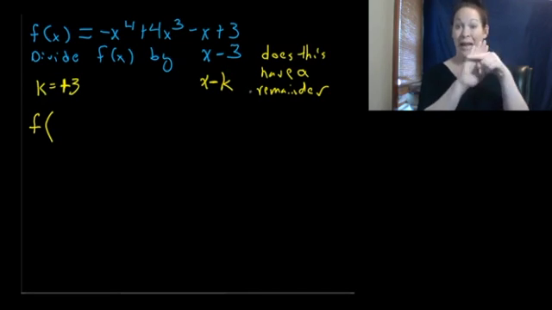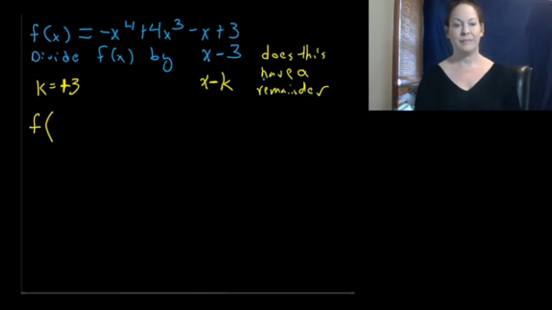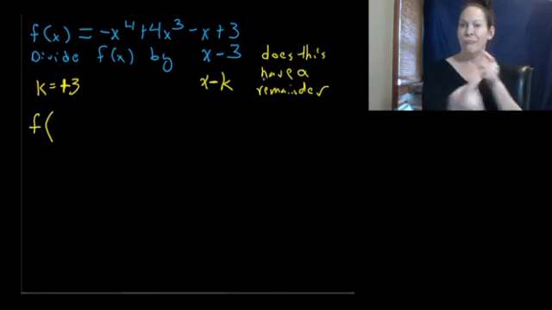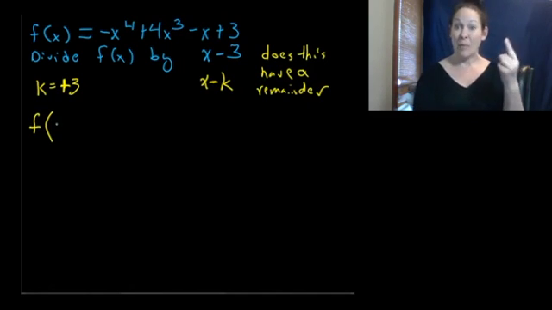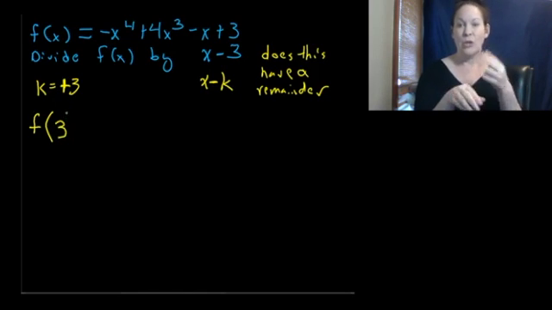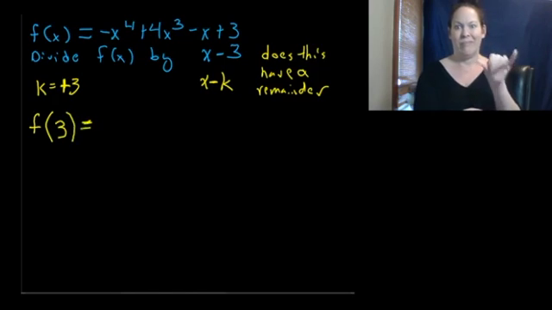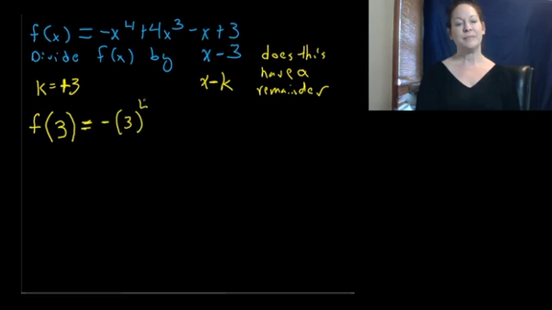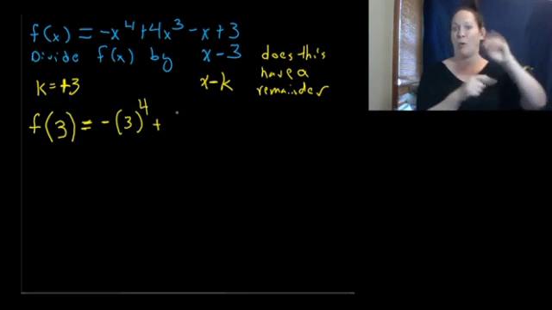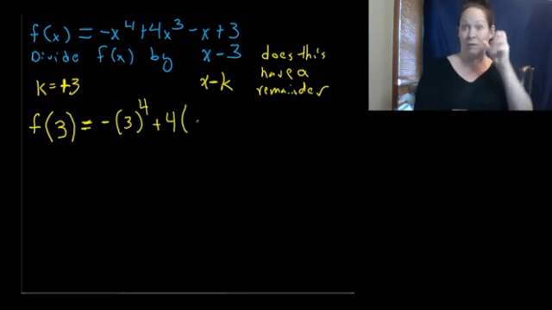And reversing the sign is the thing that comes up in divisions, especially when we do the technique called synthetic division. So I will want to find this. So I'm going to put 3 in, and I'm going to remember my powers.